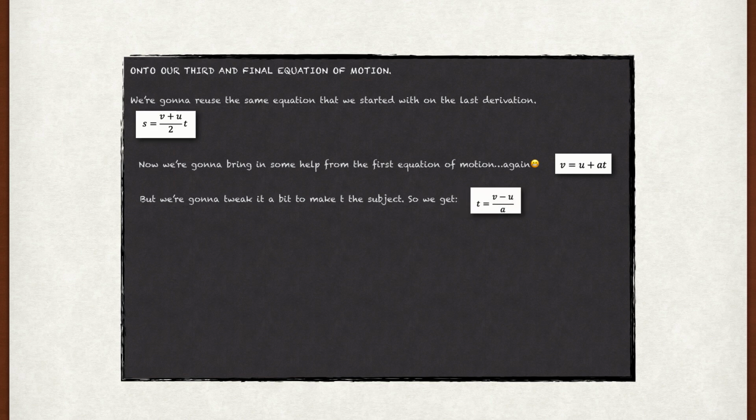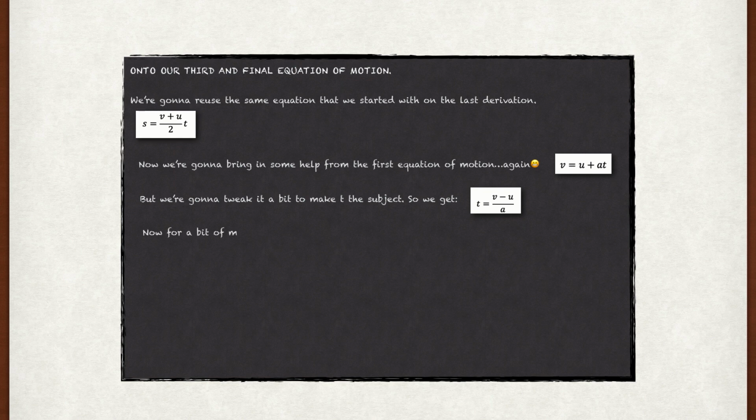If you have any problems figuring out how we get from v is equal to u plus at to t is equal to v minus u over a, pause the video, make sure that you can go through on your own to make t the subject of that equation. So we have t is equal to v minus u over a.